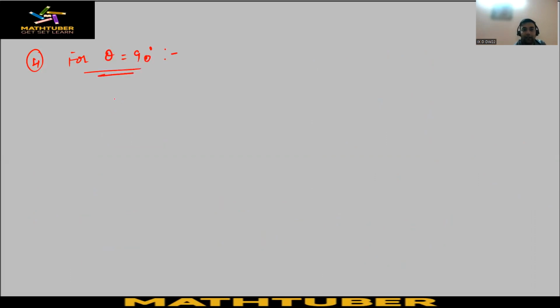So for 90 degree, if you are having a right angle triangle, and to make this angle A as 90 degree, what we need to do is we need to just reduce the length of the base, and once this hypotenuse AC becomes equal to the BC, or it merges with BC, the angle becomes 90 degree here, right?